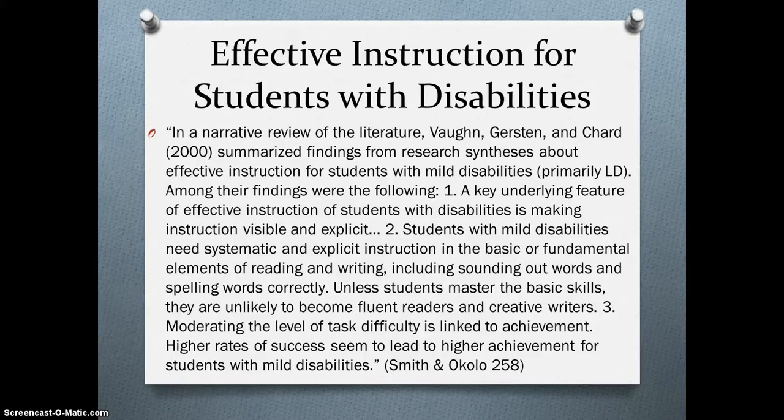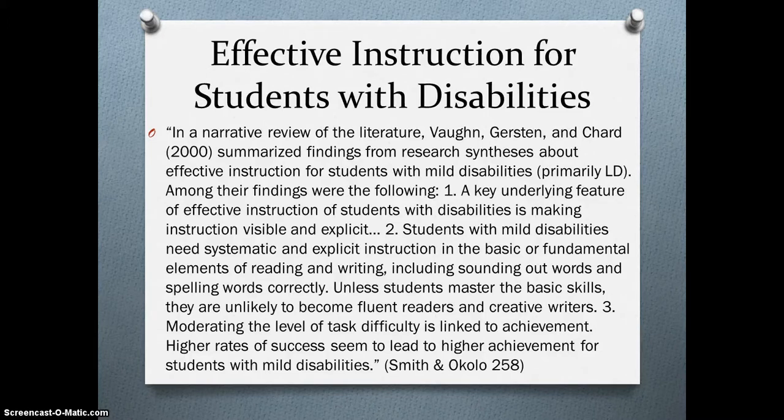First, a key underlying feature of effective instruction of students with disabilities is making instruction visible and explicit. Next, students with mild disabilities need systematic, explicit instruction in basic fundamental elements of reading and writing. That includes sounding out words and spelling. Unless students master the basic skills, they are unlikely to become fluent readers or creative writers.